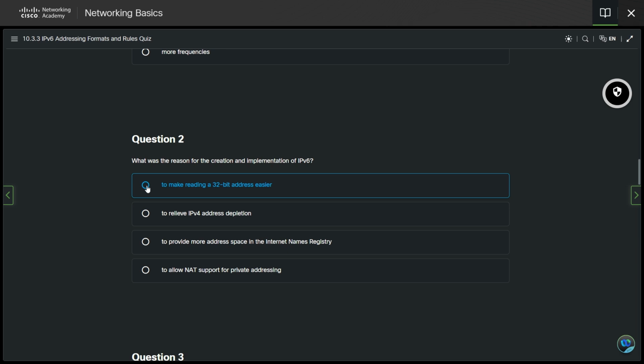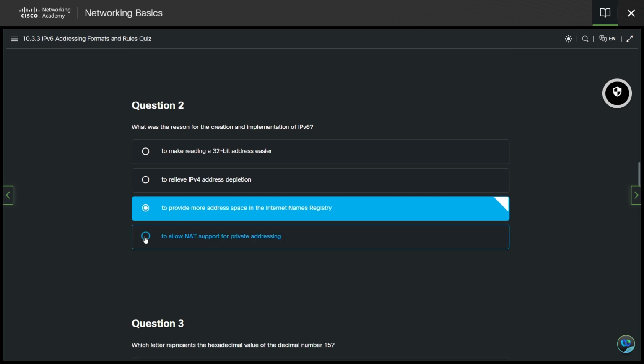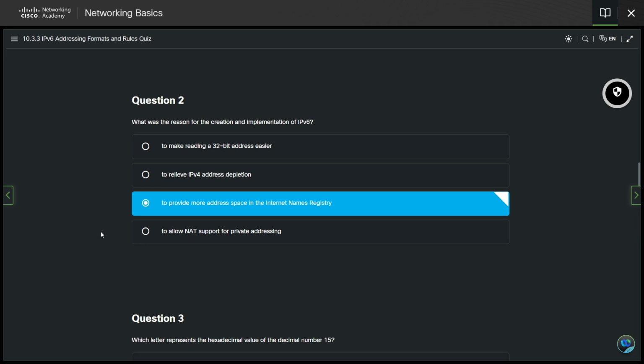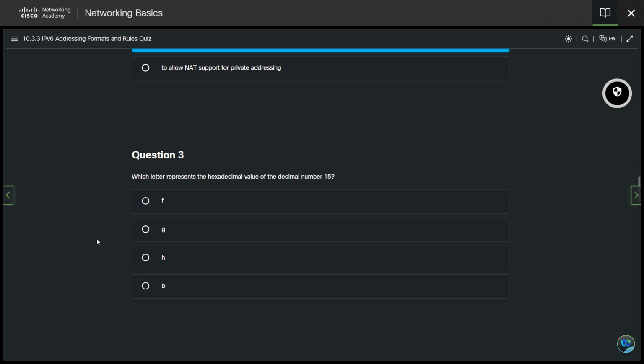To make reading 32-bit addresses easier, to relieve IPv4 address depletion, to provide more address space in the Internet names registry, to allow NAT support for private addressing. Question 3. Which letter represents the hexadecimal value of the decimal number 50?